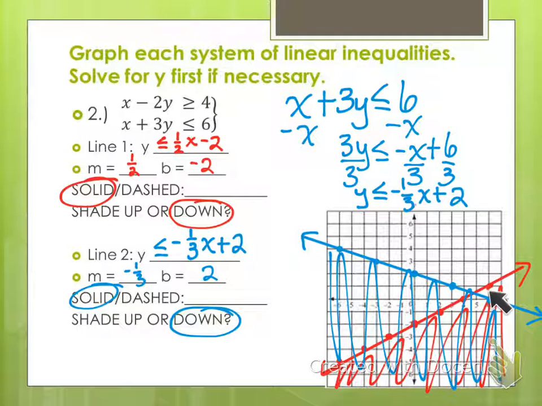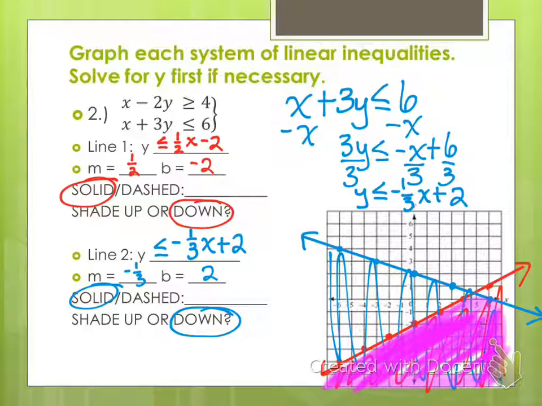Notice that in this teeny tiny triangle off to the side, I just have red. So this blue line cuts it off over there. So I should not shade above it on that side. So just this bottom section down here. That is where they overlap.